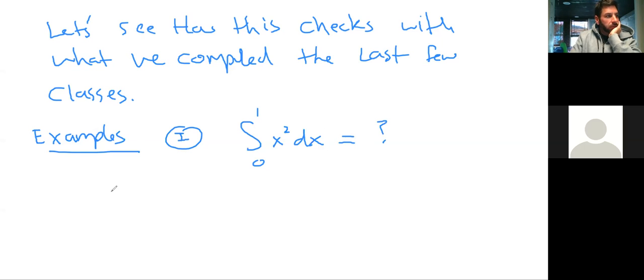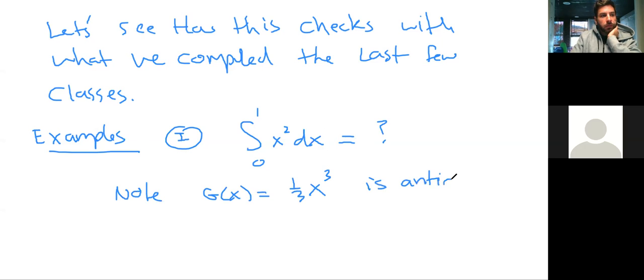Well, note g of x, which is 1/3 x cubed, is an antiderivative, specifically of x squared. Take the derivative of g, you get x squared. So that means it's an antiderivative.